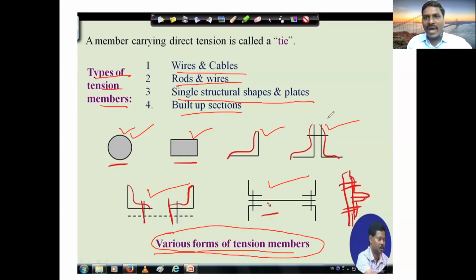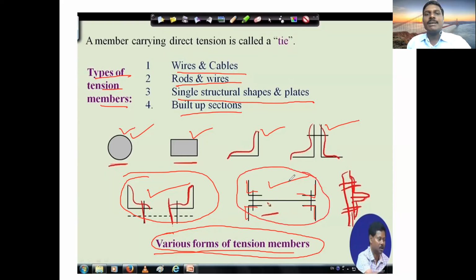Double angle means two angles connected and combined to take the load. Then built up angle: such an angle we are providing, so we call it a built up angle. Again here 1, 2, 3 and 4 angles are there. So we are calling it a built up angle. This is number 4, built up angle. So in this way, for taking the load, we are providing these 4 angles.